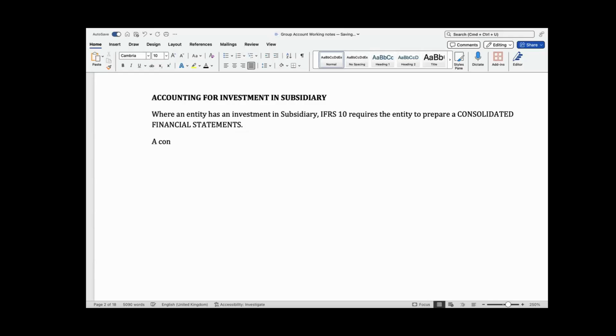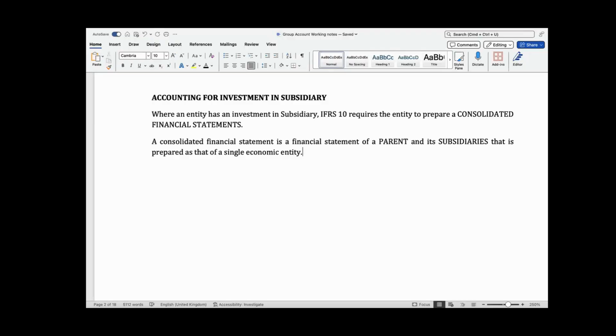And when we say a consolidated financial statement, it is a financial statement of a parent and its subsidiaries that is prepared as that of a single economic entity.